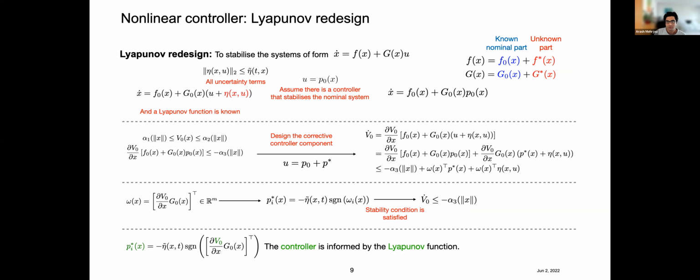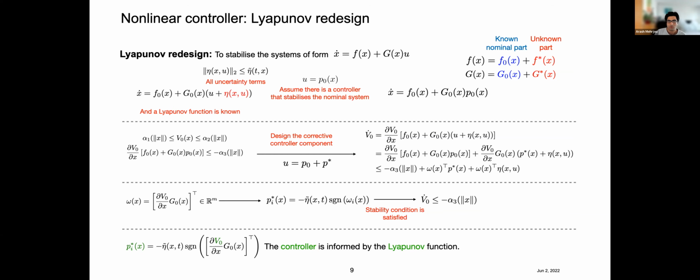The way it works is that let's assume the system has some nominal part and some uncertain part. The nominal part, shown by the zero subscript, is something that we have a controller for. It could be, for example, some linear subsystem of the entire system that we know how to control. And we also have a Lyapunov function for this closed loop system.